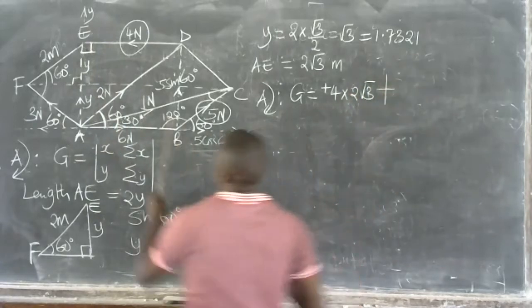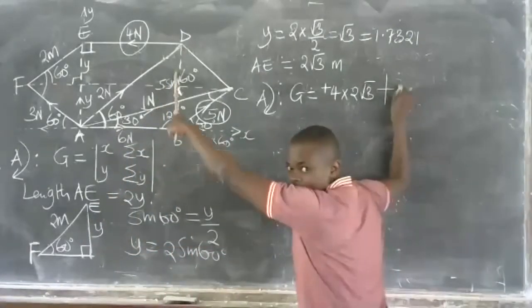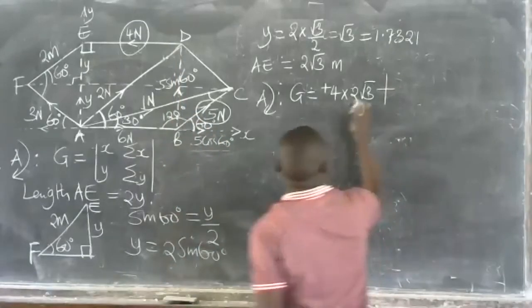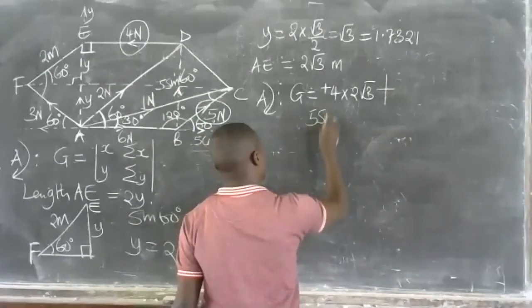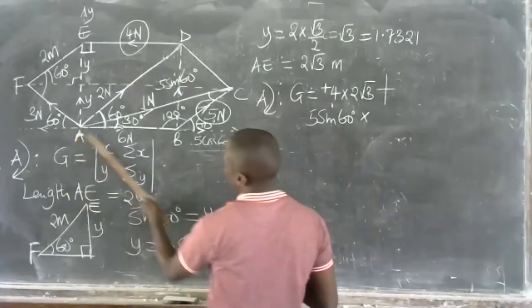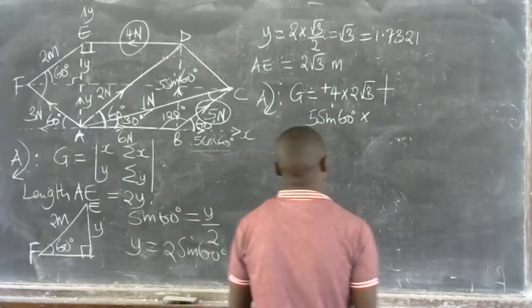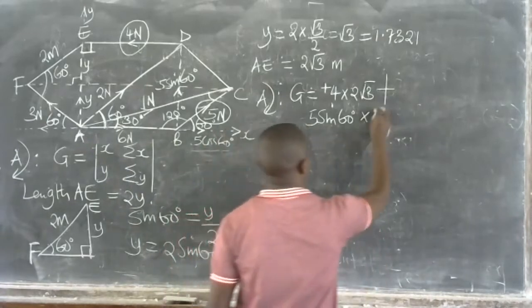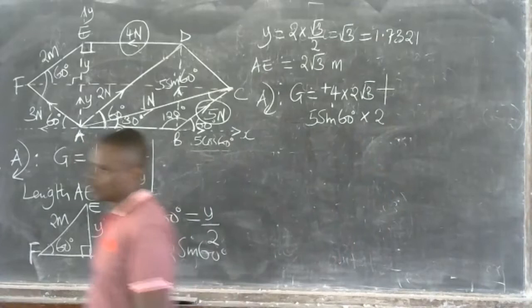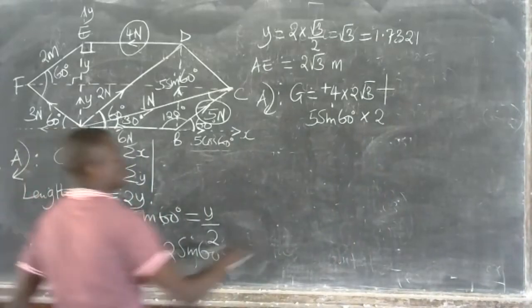Plus the moment of this component of force, which is 5 sine 60 degrees times the perpendicular distance, which is AB, which is 2 meters.